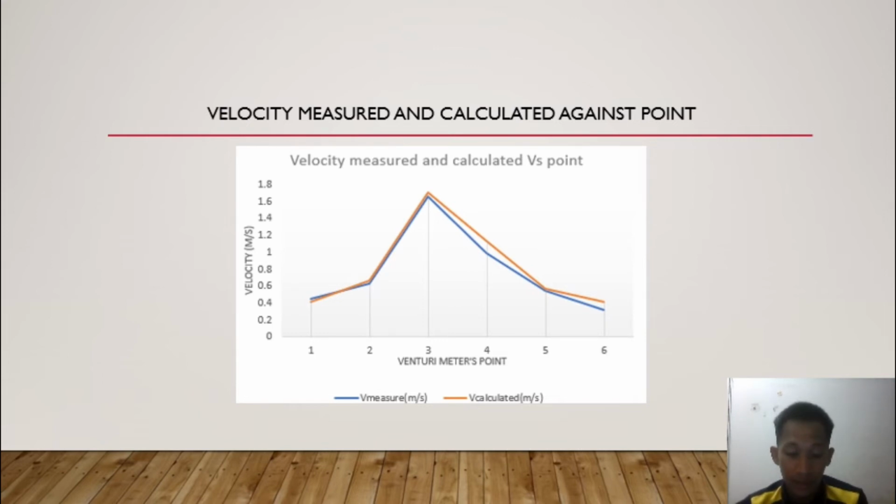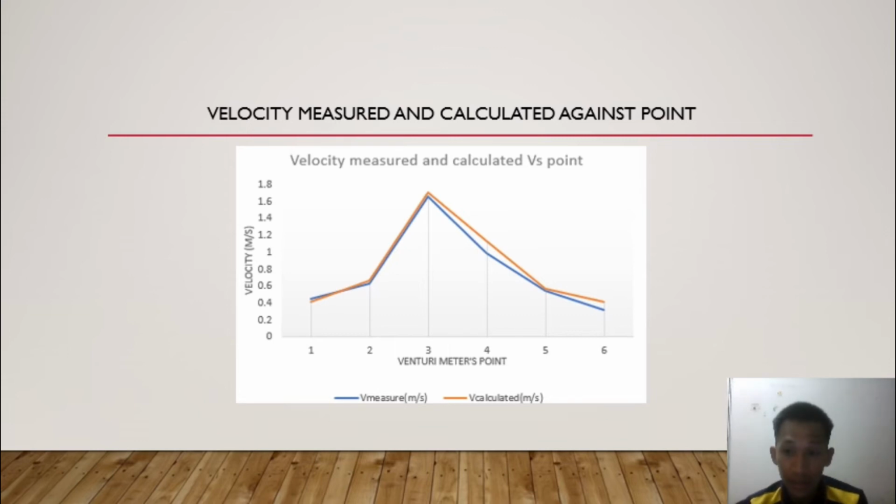The measured velocity of a moving fluid is based on the head, but the estimated velocity is based on the cross-sectional area of the pipe and the flow rate. Due to the viscosity of the fluid at the pipe surface, which causes friction, there is head loss in the pipe. As a result, the predicted velocity is slightly lower than the measured velocity.